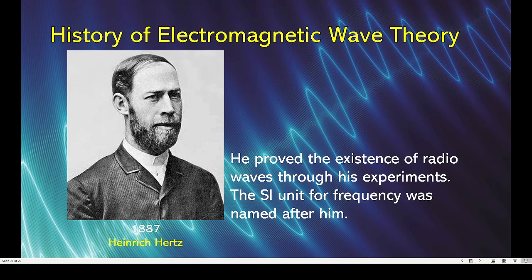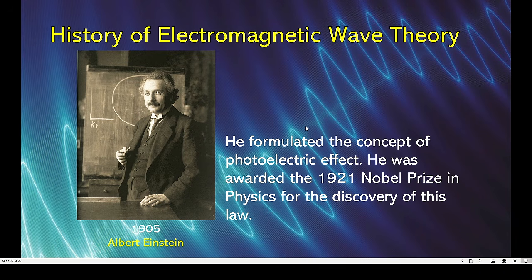Next, in 1887, we have Heinrich Hertz, who proved the existence of radio waves through his experiments. You can remember that the unit for frequency is hertz. Finally, we have Albert Einstein in 1905, who formulated the concept of the photoelectric effect.